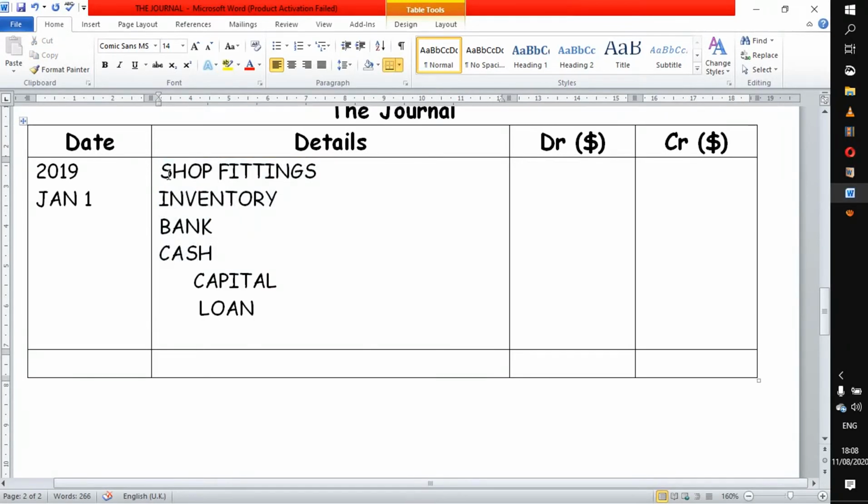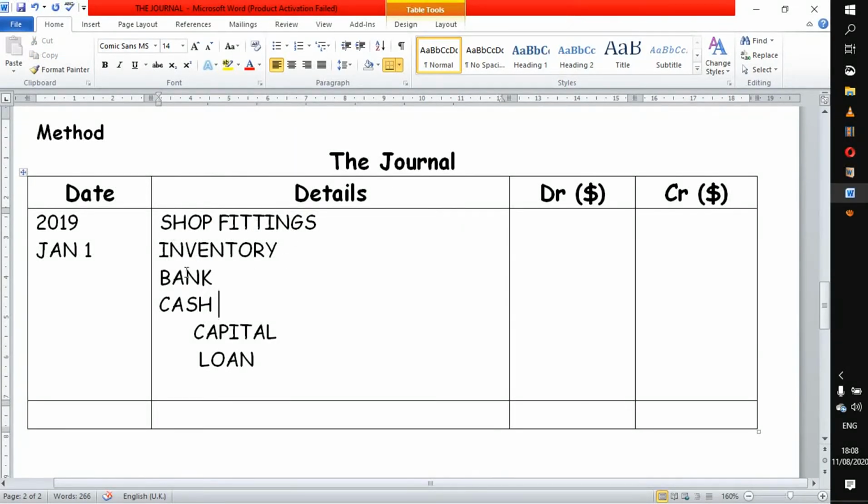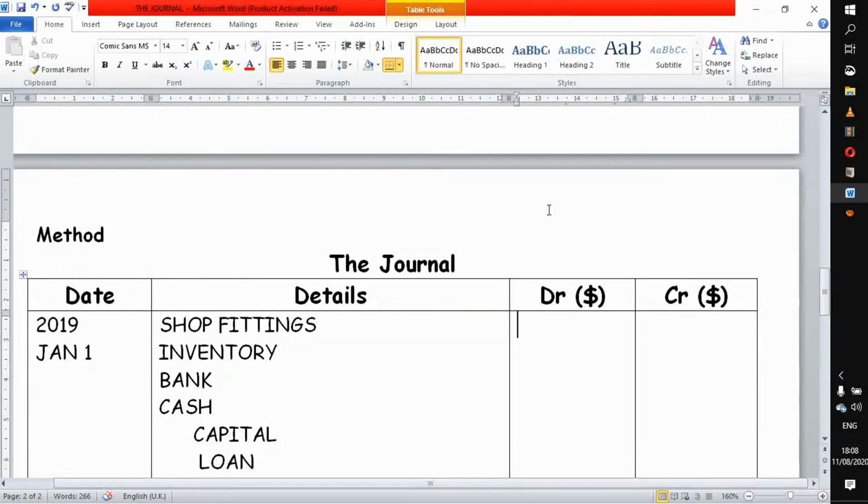And as you know, when we are doing journal entries, we start with those items that are recorded in the debit column. So in this case, we have shop fittings as a non-current asset of 24,000. Then the next one is inventory, 18,500. And then the next one is bank.